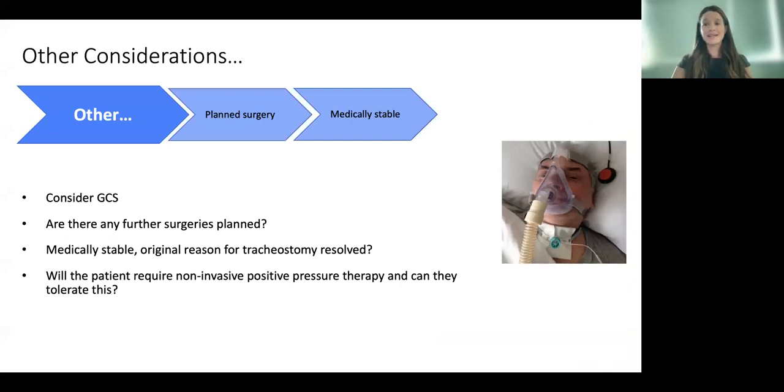Other things to consider when looking towards our stepwise approach to decannulation is, does the patient have any further surgeries planned that will impact decannulation timing? Or will the patient require non-invasive ventilation after decannulation, in which case you may consider trialing non-invasive ventilation and masks to set your patient up for success.